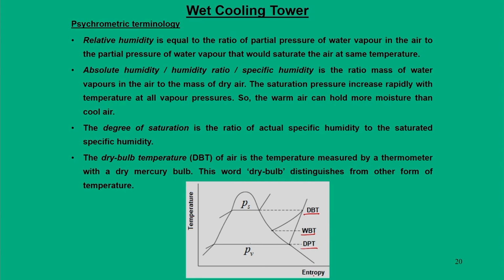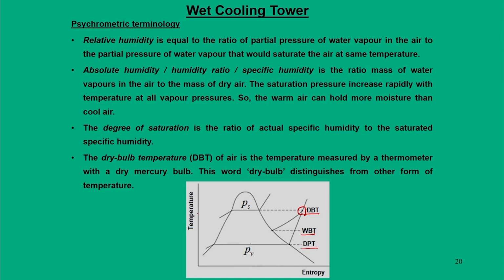So if you recall this temperature entropy diagram, property tables for water, at any location if you locate the state, whatever temperature you call, that is the dry bulb temperature. Now what you do, you try to measure the temperature of air by putting the bulb of the thermometer, keeping it wet.